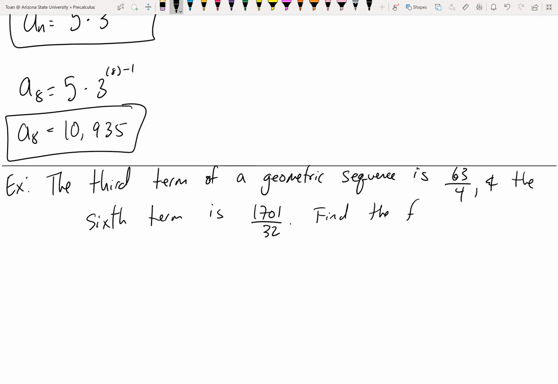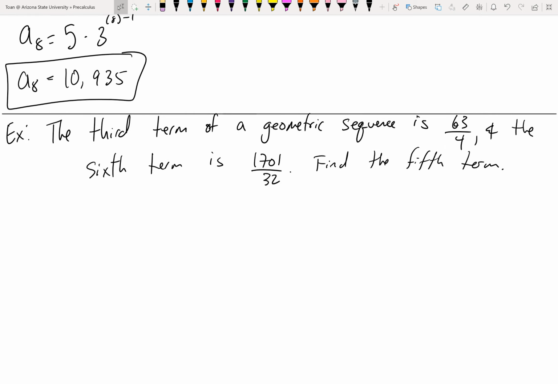Find the fifth term. So again, this is a classic setup when they give you just two random terms that normally calls for systems of equations. So they tell you that the third term is 63 over 4. Symbolically, they tell you that a sub 3 is 63 over 4.